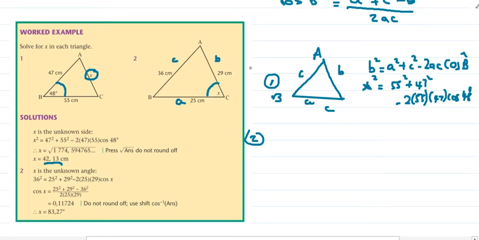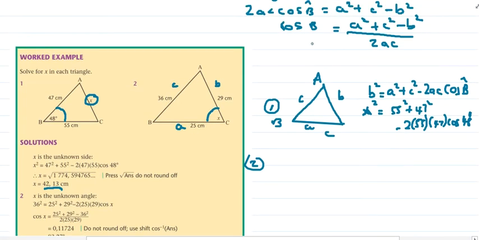Then we learned from our previous knowledge that if you want to find cos of A or B or C, we can apply it using three sides. So here, if you want to find cos of C, it is equal to b squared plus a squared minus c squared over 2ba.